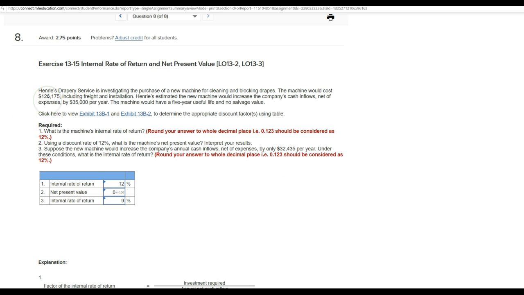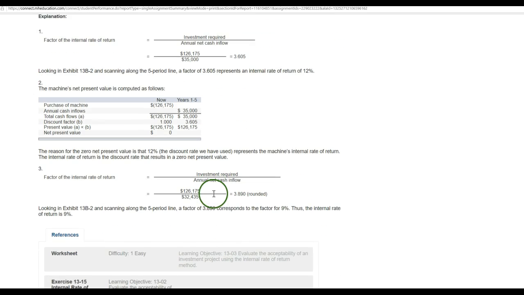The cash going out the door today for the project is still the same amount, $126,175. Then just divide $126,175 by the annual cash flow, $32,435. The factor is 3.890. Go to table number 2, 5 years.